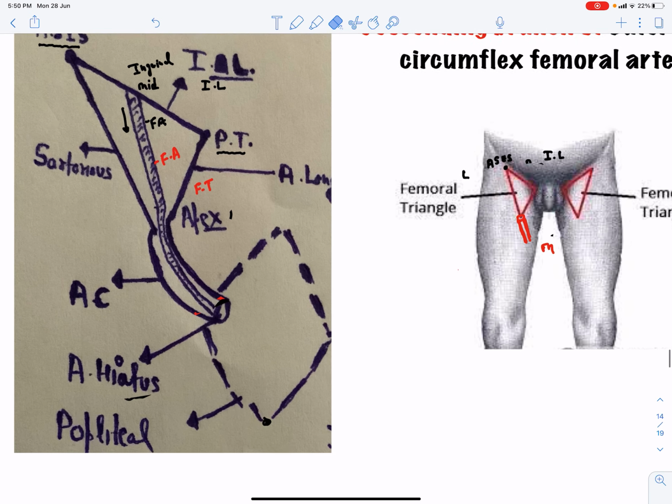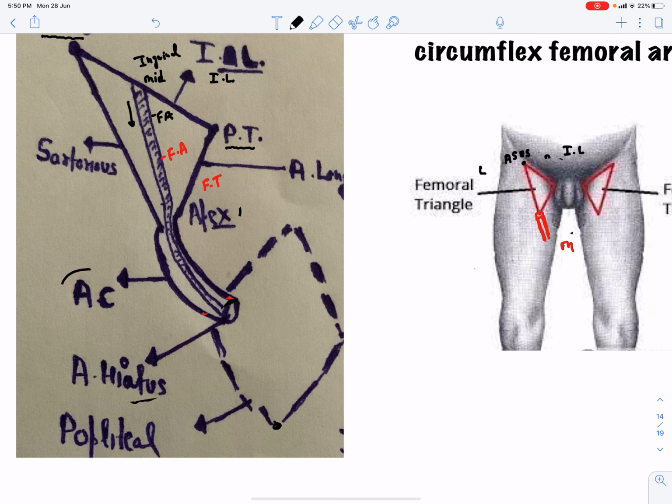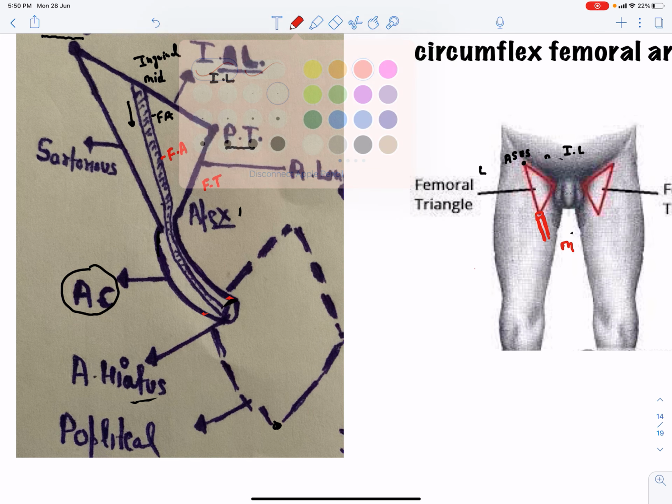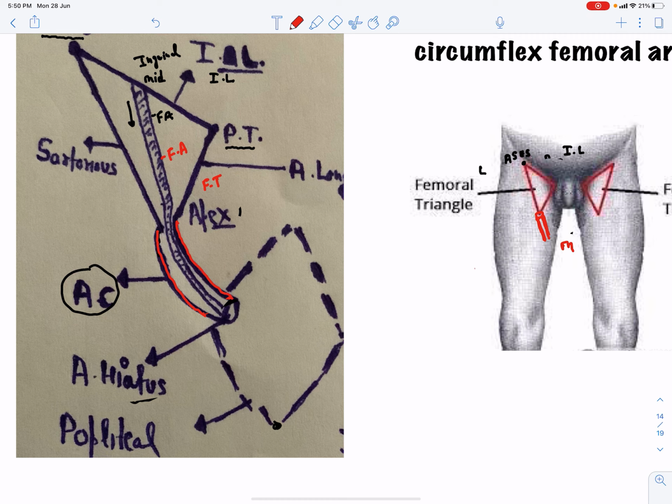See this side here. This is our adductor canal, right? This one I'll show with red color. In the adductor canal, which artery is present? Femoral artery.